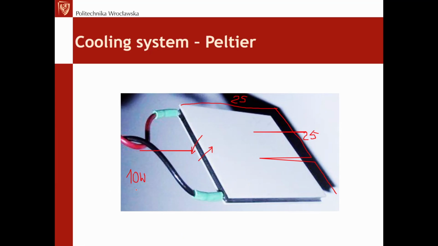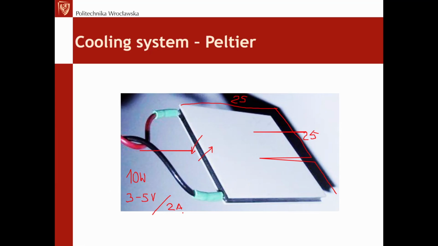Again, to give you an idea of the voltages you're applying: for this size, 25 by 25, the voltages expected by the Peltier itself are in the 3 to 5 volt range, and the currents that you must be ready to deliver are about 2 amps. So it's 2-3 amps. Definitely not in the millivolts range.